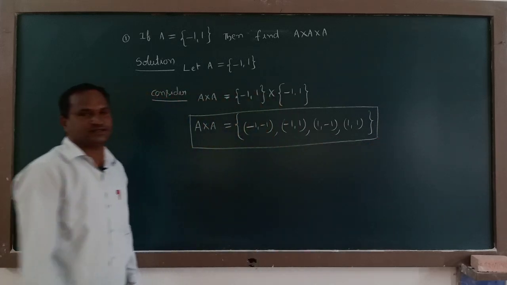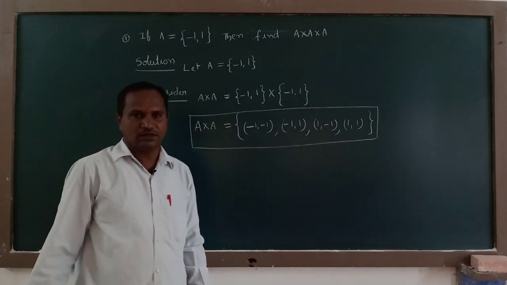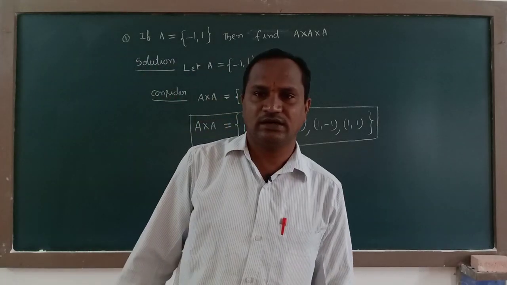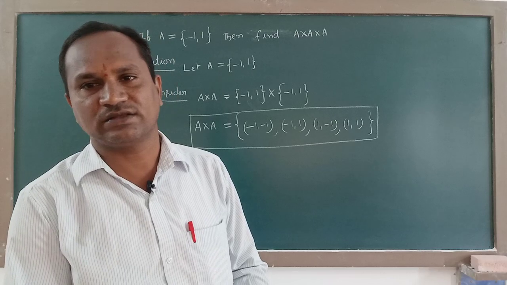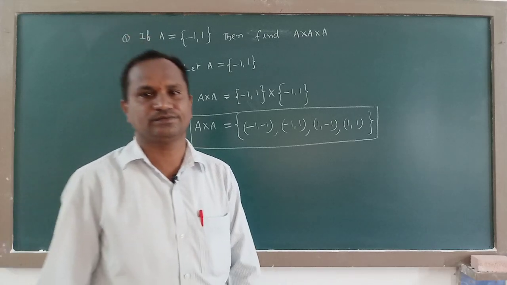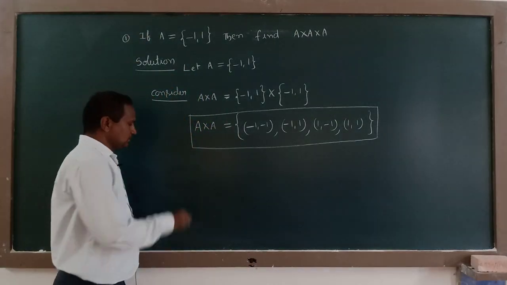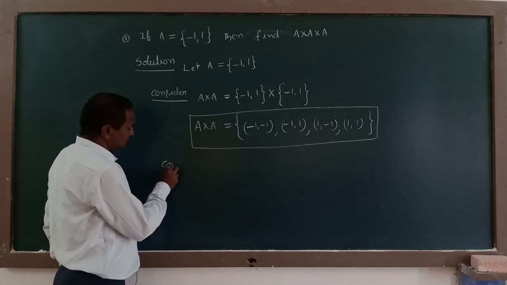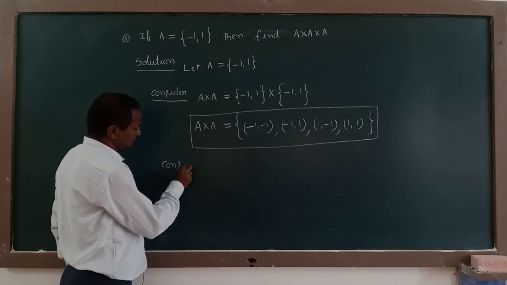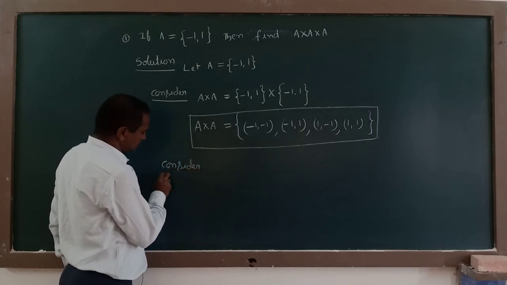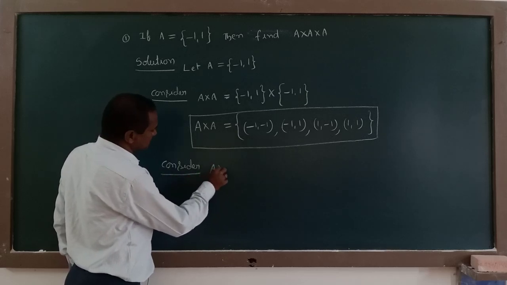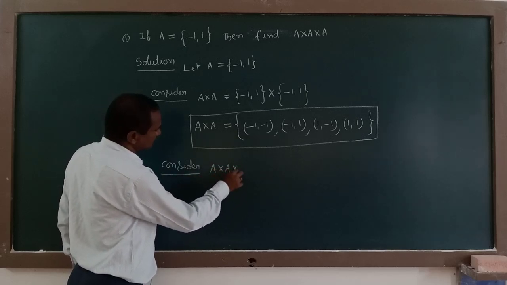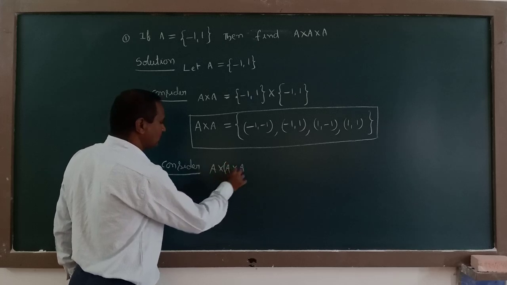But they are asking triplets. Triplet means here, once again, we must take the cross product of A cross A with the set capital A. Now consider A cross A cross A. You can put a bracket on this.